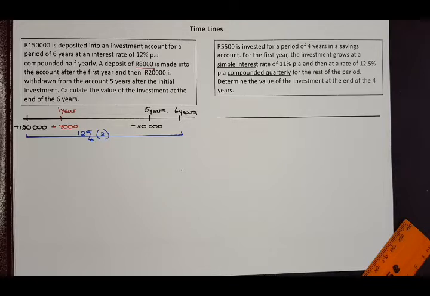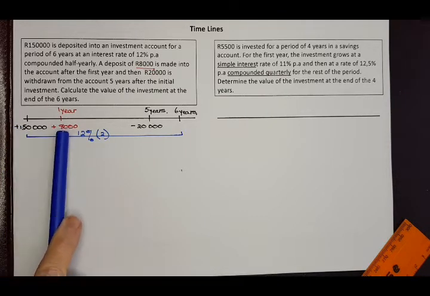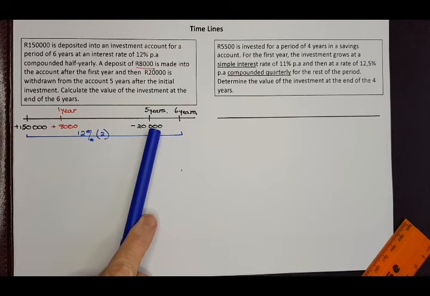Okay, so in this particular case, essentially we went into the bank 3 times. Our initial deposit was that, 150,000. Then we went in and deposited more money. Then we went in and we took some money out.